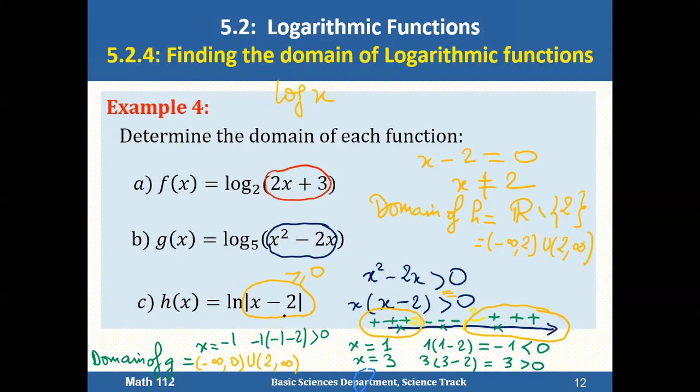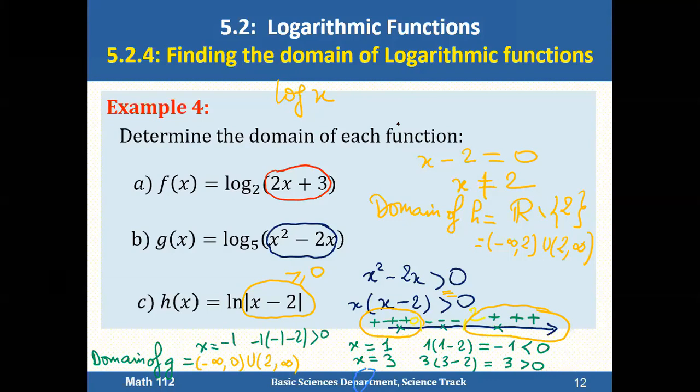So لازم the argument here, the input must be larger than 0. واضح؟ This is a composition. هذا ركبنا two functions. إذا لازم في الفانكشن اللي ركبناها على اللوج لازم it satisfy the condition اللي هي positive.